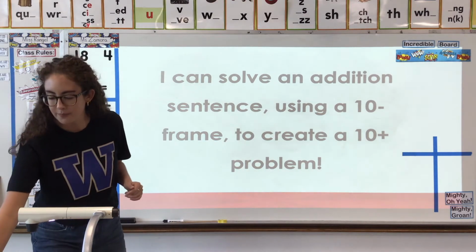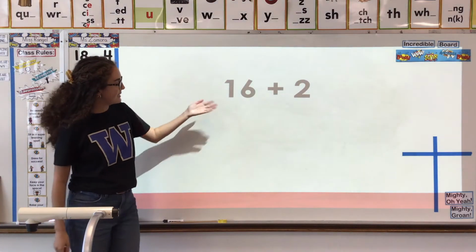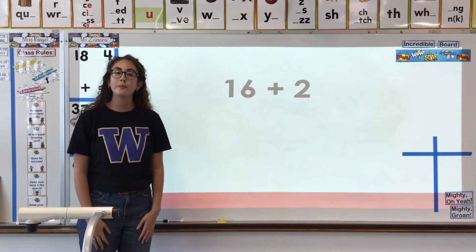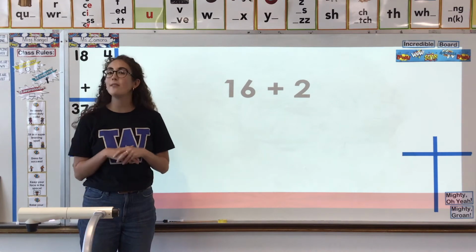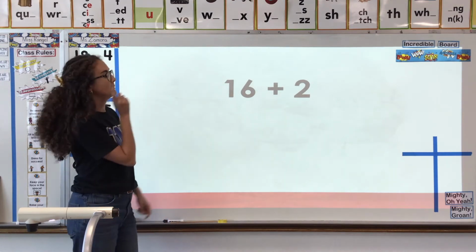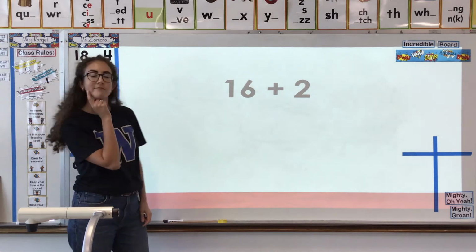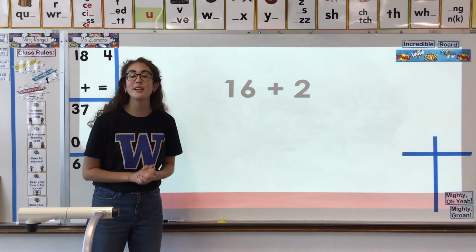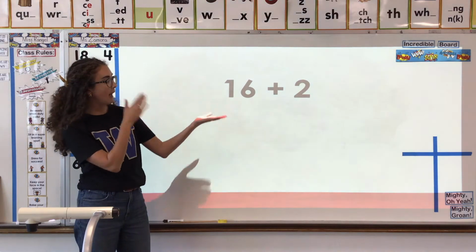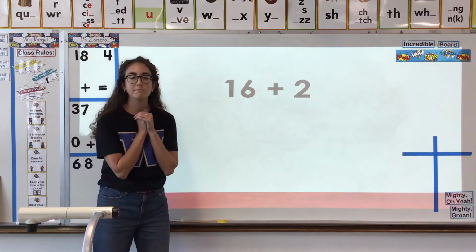So take a look. This problem, 16 plus 2. We have a strategy to solve this equation. Do you remember what it is? We're using our place value. How are we solving with place value?